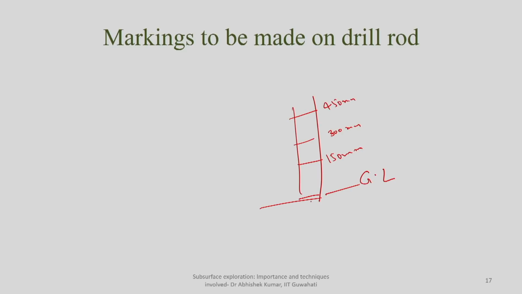You start pushing from ground level, and when the first mark reaches there, you stop counting N1. When the next reaches here, you stop counting N2. When the third reaches, you count N3. For every 150 mm, people generally mark it by chalk or maybe by marker.